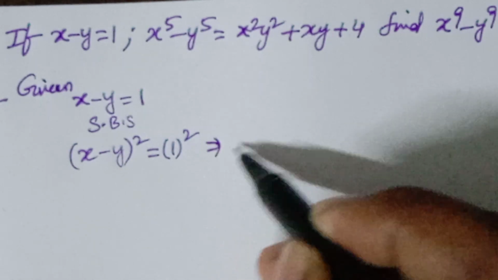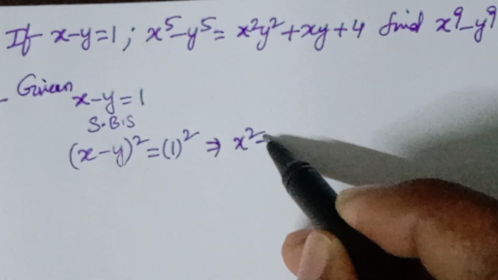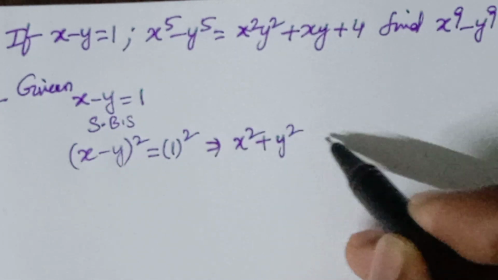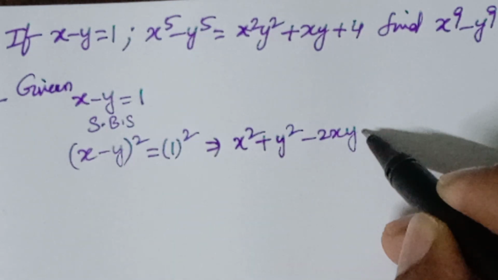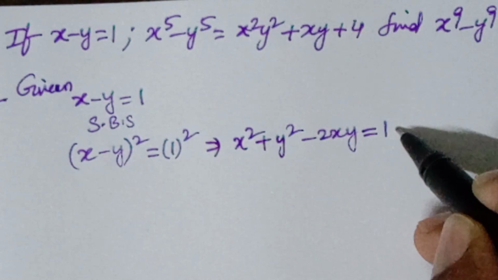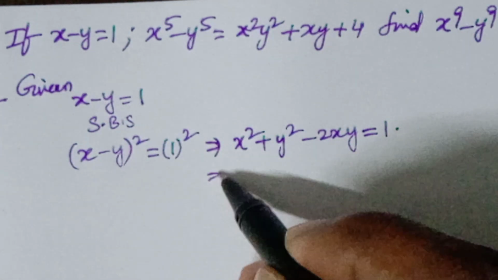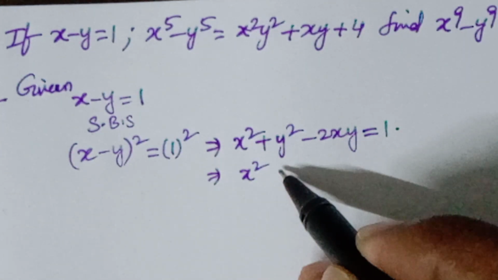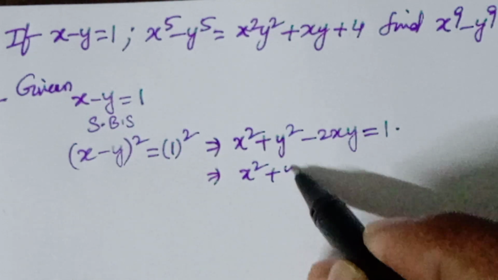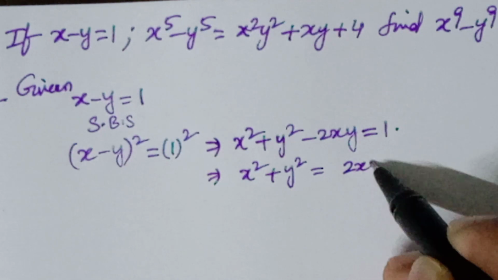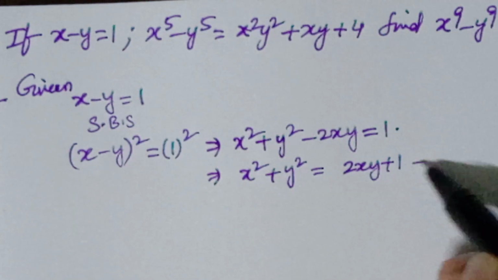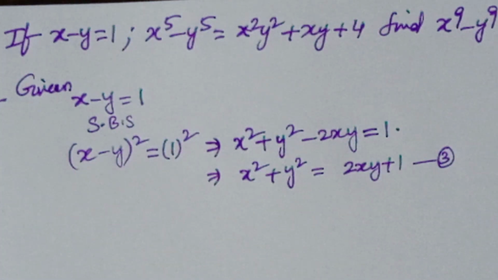So you can write it as x square plus y square minus 2xy is equal to 1. So this can be written as x square plus y square is equal to 2xy plus 1. Let it be third one.